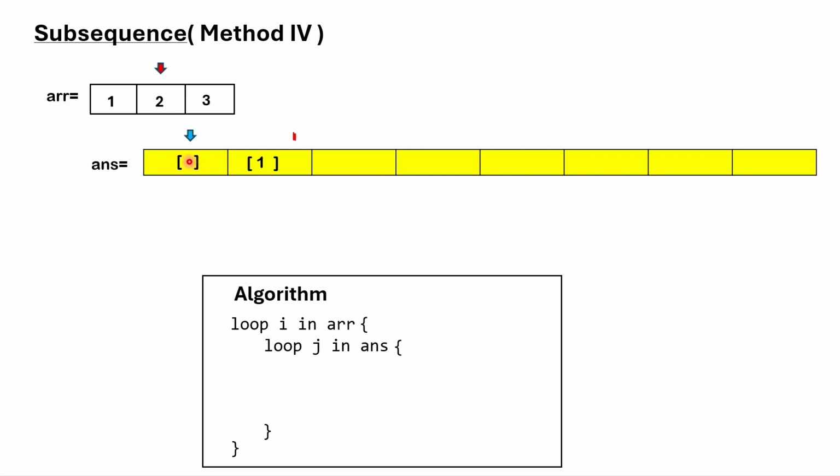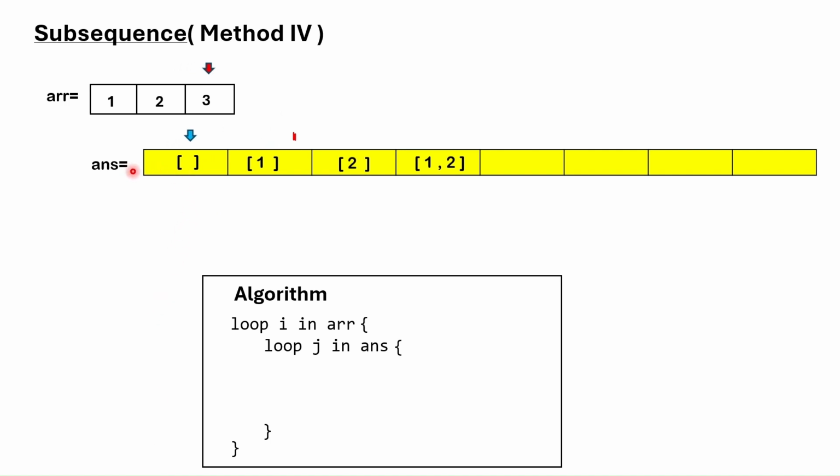Again we will copy this and push 2. We will copy this and push 2, and then push it in our answers array, and then move the pointer. Now we have reached here, so we will move this pointer and the loop will end.